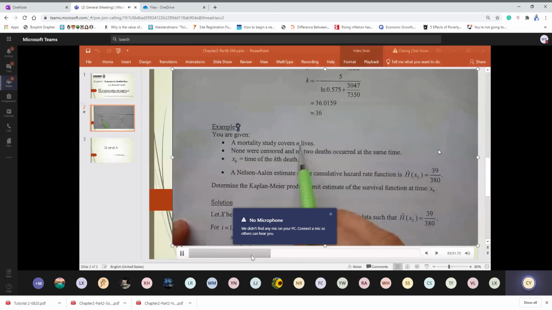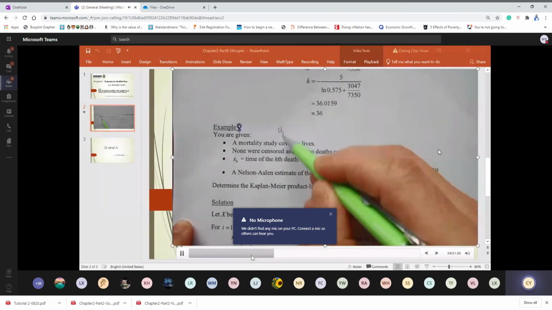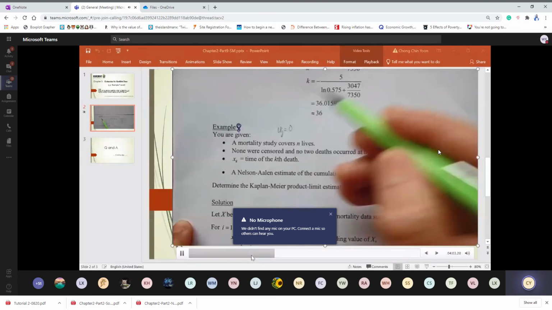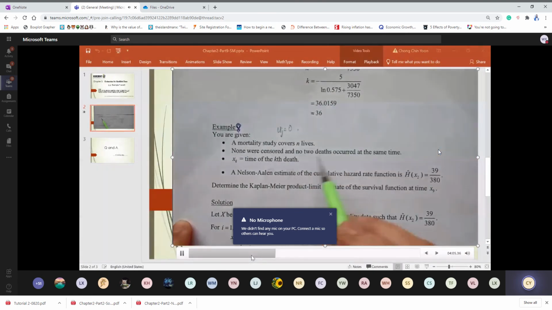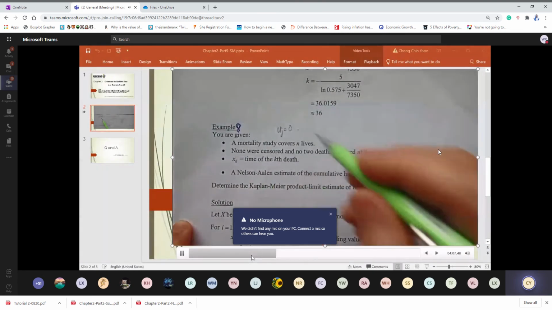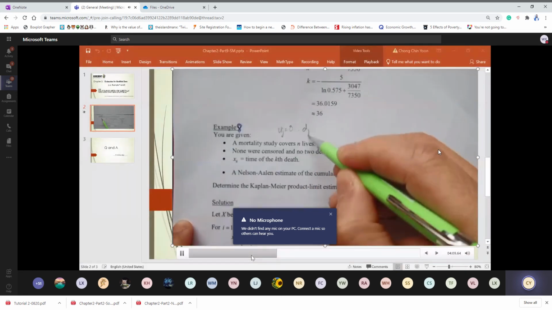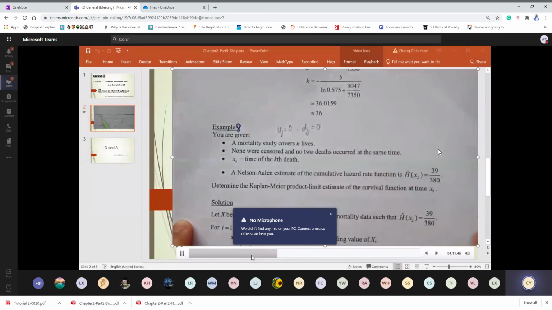So altogether we have n lives, and none were censored. There's no censored value at all, so all the uj will be 0. And of course here, the question didn't mention the truncation value, so dj is also equal to 0. You can see here, no two deaths occur at the same time.